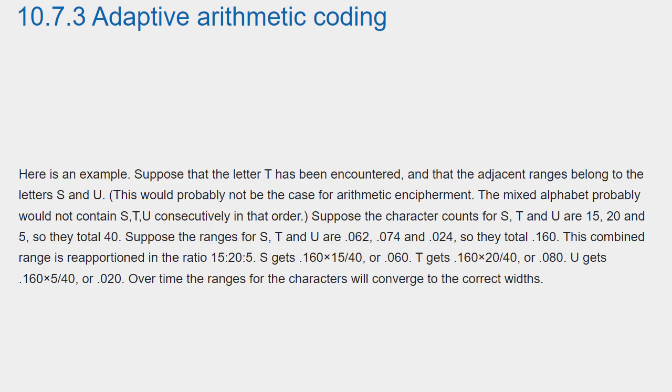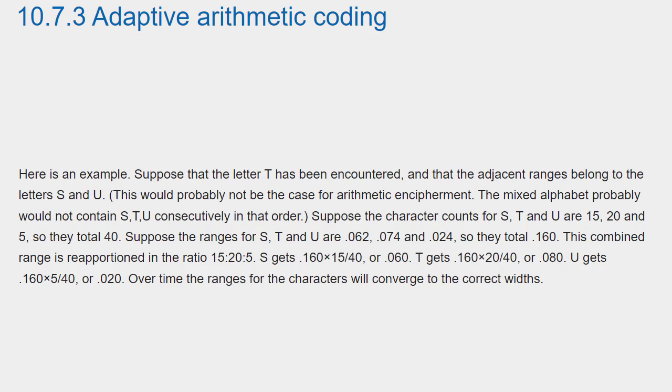Suppose the character counts for S, T and U are 15, 20 and 5, so they total 40. Suppose the ranges for S, T and U are 0.062, 0.074 and 0.024, so they total 0.160. This combined range is reapportioned in the ratio 15 to 20 to 5.